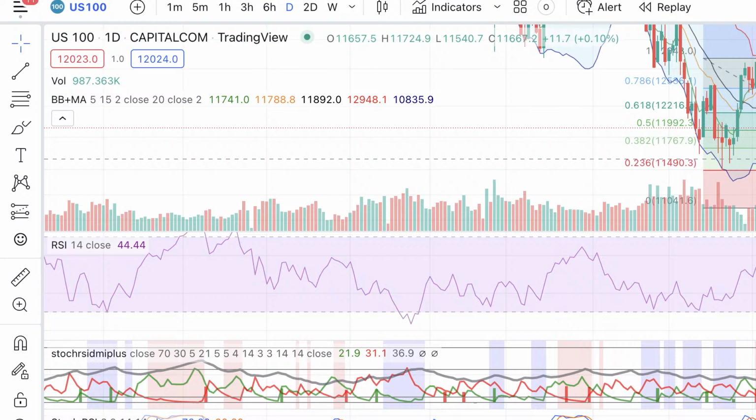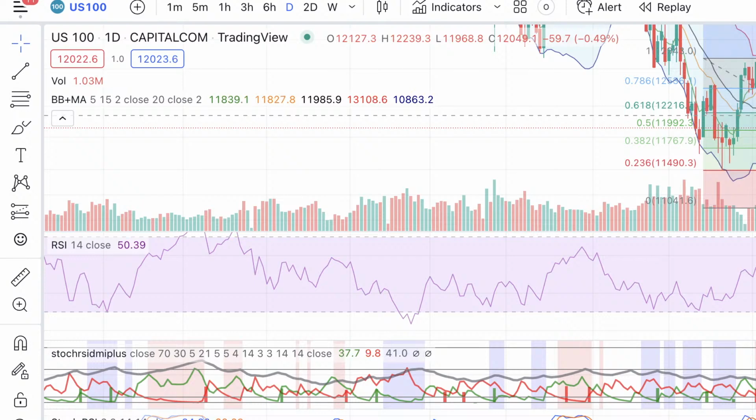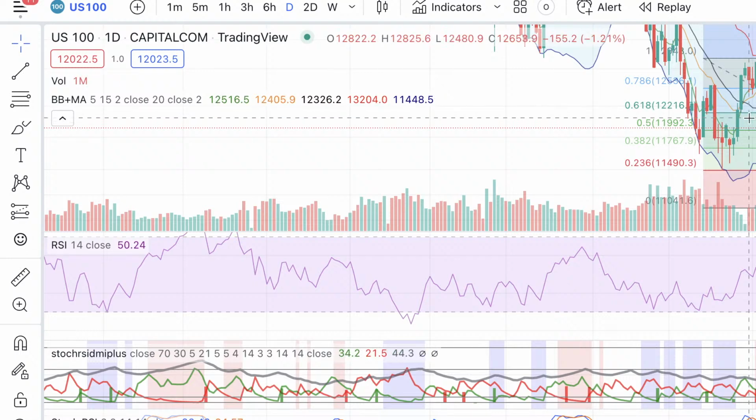So it seems like it's not quite there yet. I'm really interested to see what this candle is about, because even though it closed before the resistance, it still went over, and I believe that it's not supposed to break over the Genesis line.